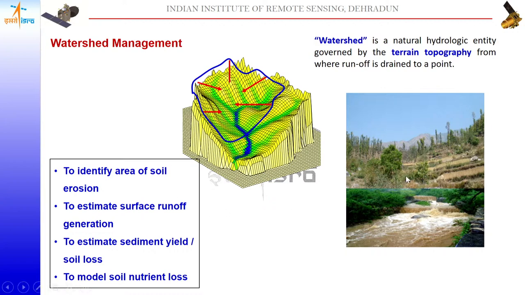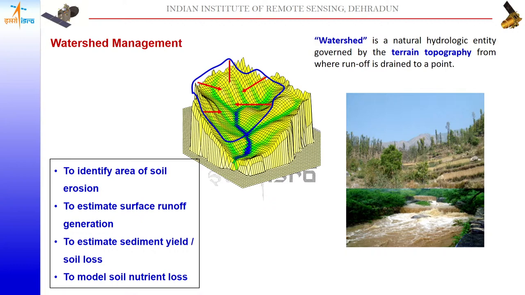Suppose you are seeing this picture, this is a hill. When the rain occurs, water falls on it. Some water infiltrates, and the rest flows over the surface, and it not only flows, but it removes the top layer of the soil, so it causes erosion.